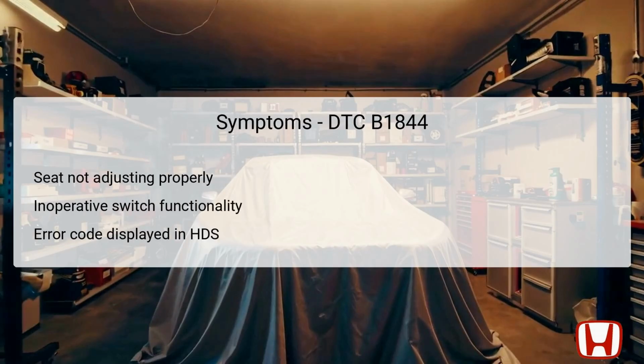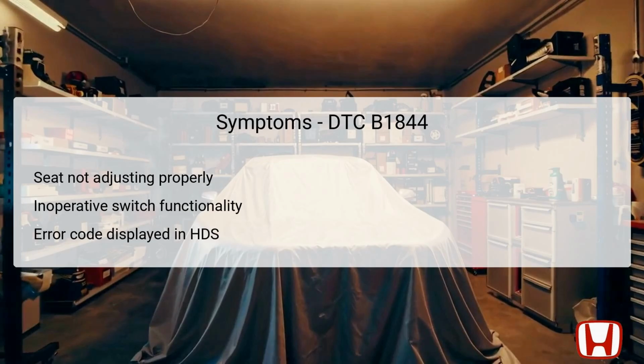The symptoms of DTC B1844 manifest primarily as issues with the power seat's functionality. Drivers and passengers may notice that the seat does not adjust properly or fails to respond when the slide switch is operated, impacting comfort and safety. This unresponsiveness can lead to frustration, especially if a proper driving position cannot be achieved.